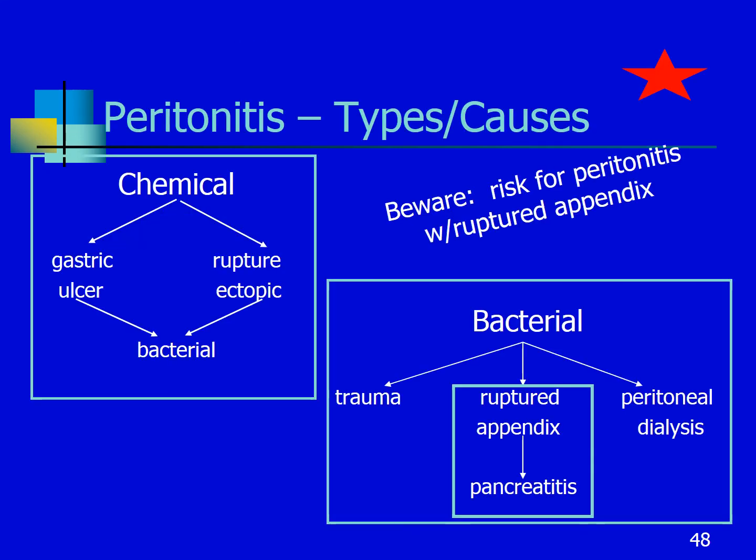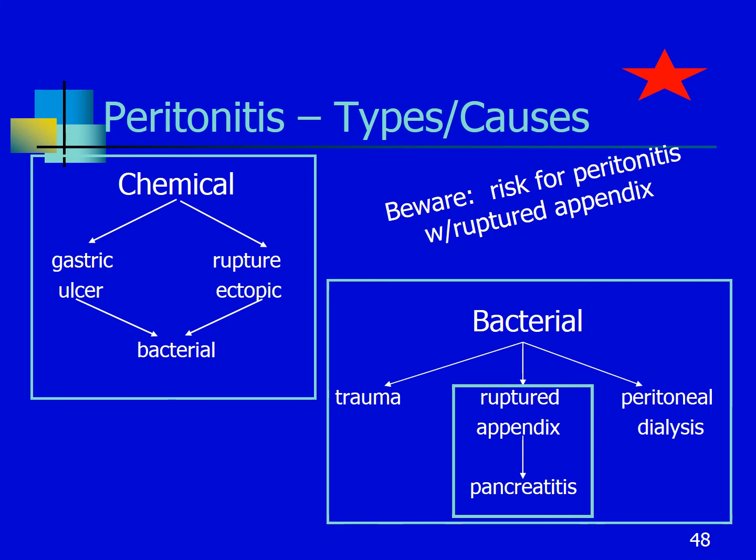So peritonitis, types and causes. It could be chemical, so gastric ulcer, or ruptured ectopic pregnancy, which leads to bacteria invading the peritoneum. Or it could be bacteria from a trauma, ruptured appendix, pancreatitis.